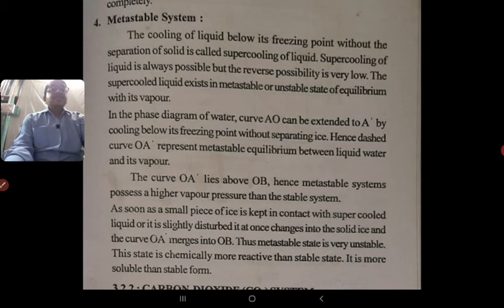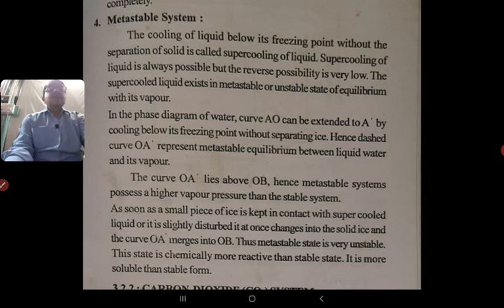Thus, the metastable state is very unstable. This state is chemically more reactive than the stable state, so it is more soluble than the stable form.